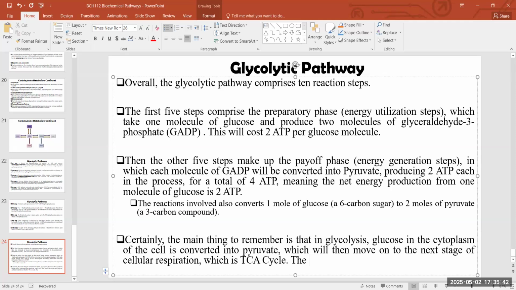So the glycolytic pathway is an ancestral biochemical reaction that happens under anaerobic condition, that is, in the absence of oxygen.